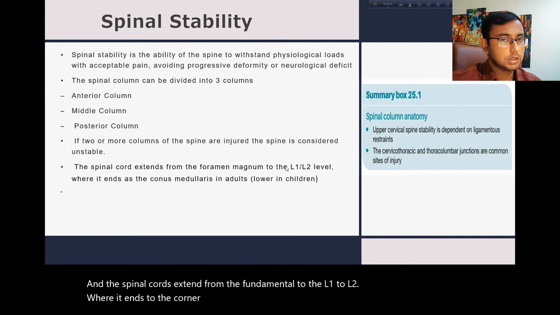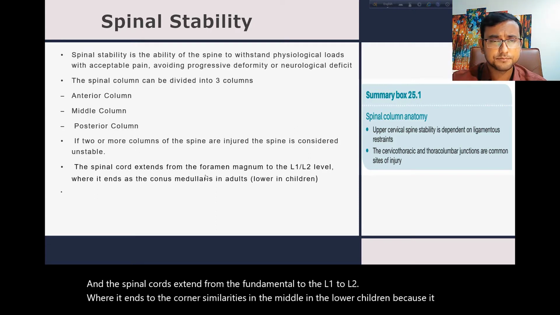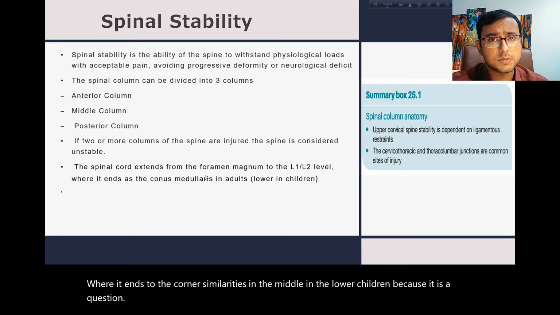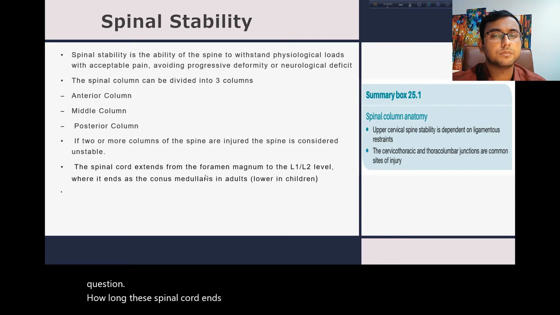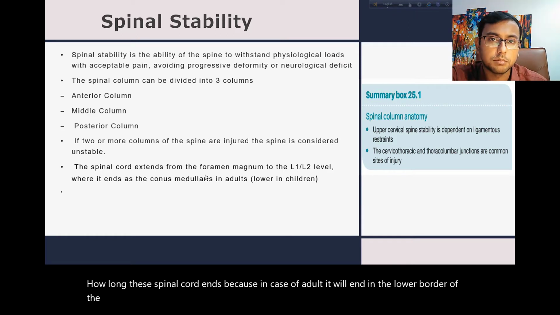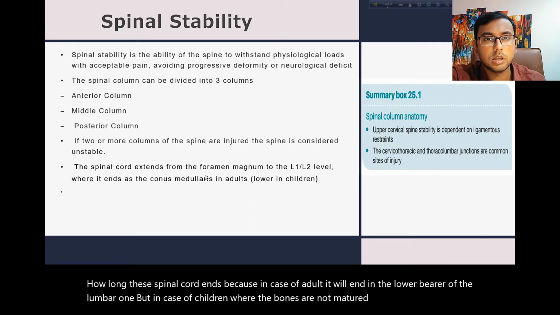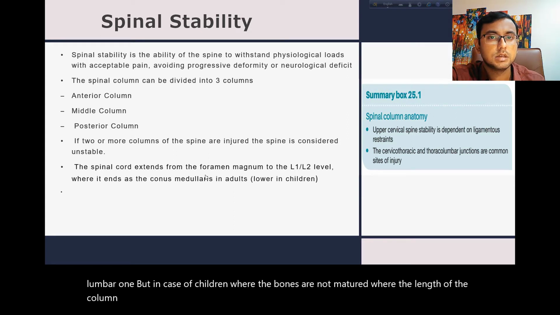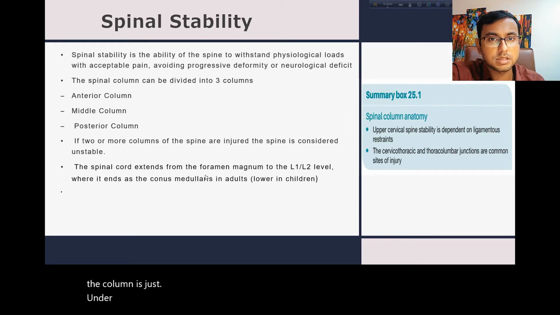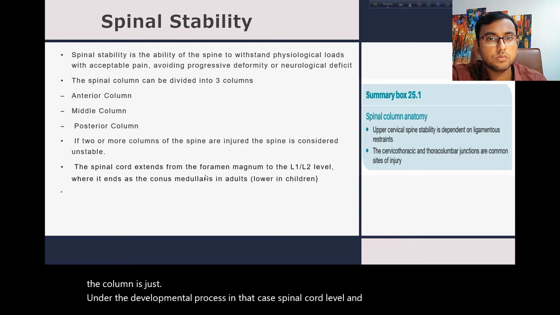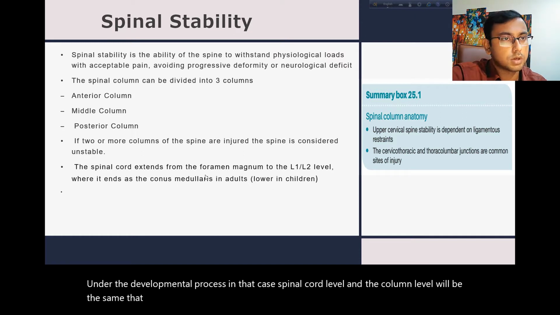In children, it is a question how long the spinal cord extends, because in adults it ends at the lower border of lumbar 1, but in children, where the bones are not matured and the column is still under the developmental process, the spinal cord level and the column level will be the same, that is lumbar 3rd to 4th. Okay, the lower level will be lumbar 3rd to 4th.